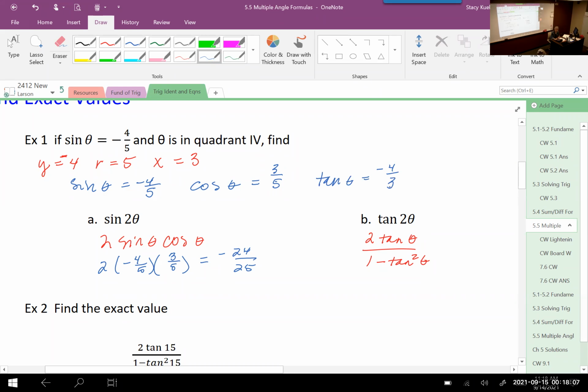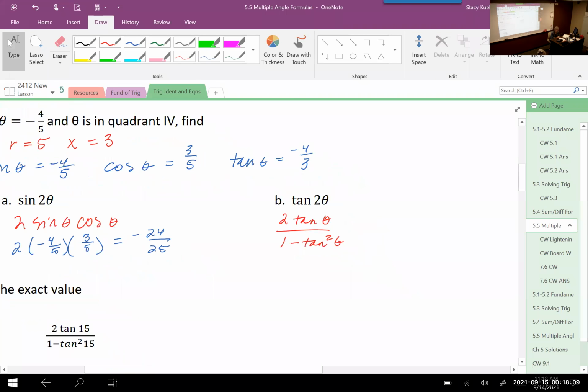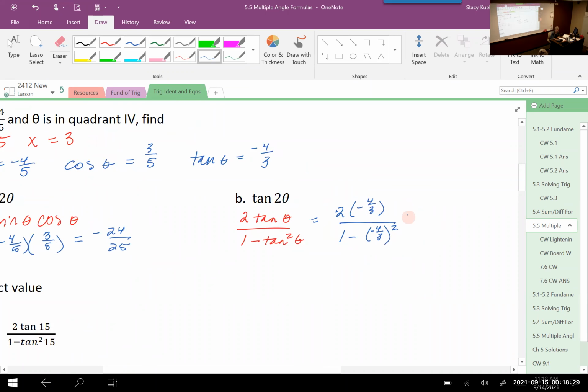So 2 times, and now it's just us plugging into this expression. So 2 times -4/3, divided by 1 minus -4/3 squared. So on your calculators, y'all push a bunch of buttons.